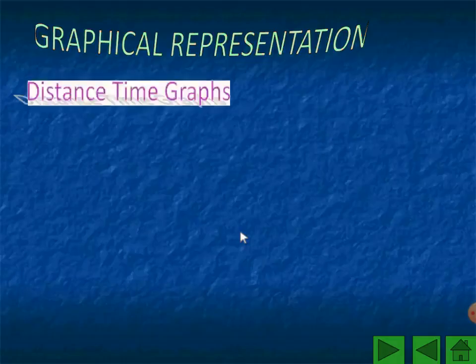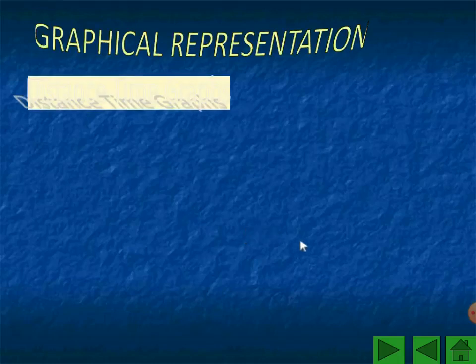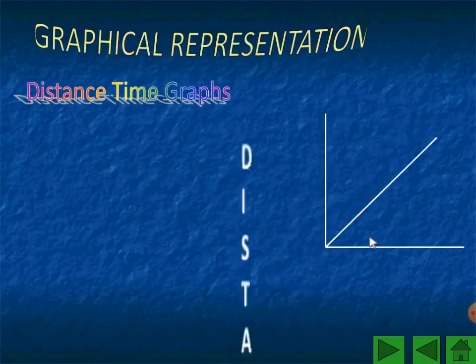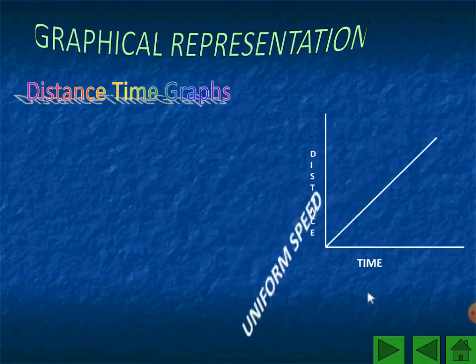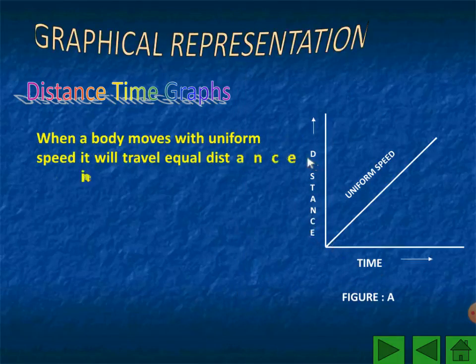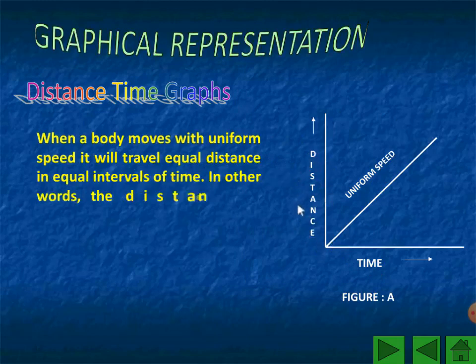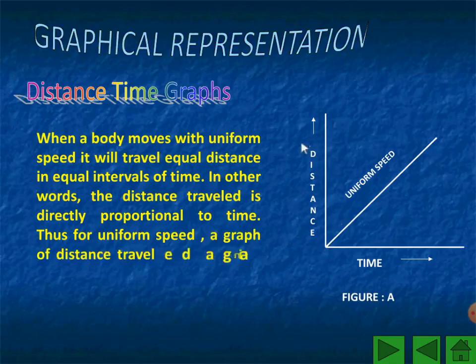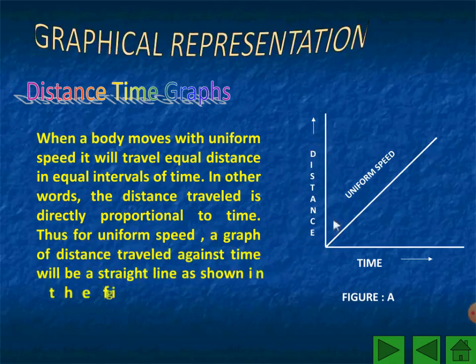The first one is the distance time graph. Distance time graph for uniform motion. If we are going to draw distance versus time, then we need to know which one is the independent variable and which one is the dependent variable. Independent variable means a variable which doesn't depend on any other variable, okay?